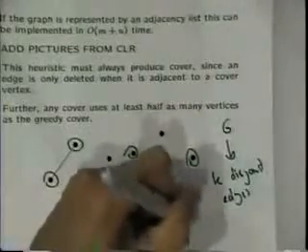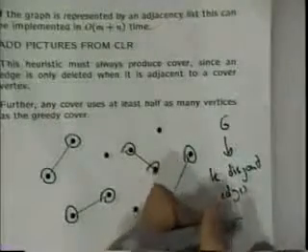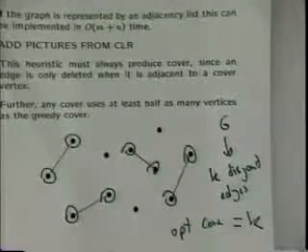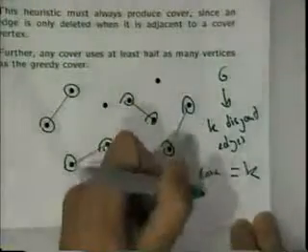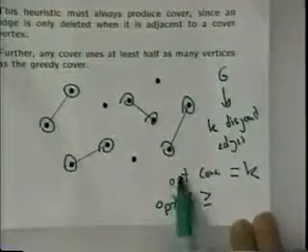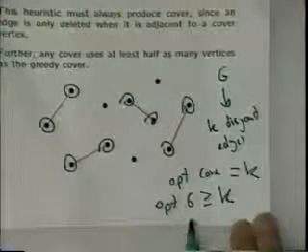My claim is the optimal cover of just these K disjoint edges is equal to K. My claim is the optimal cover of G is greater than or equal to the optimal cover of this, which is equal to K. So that tells me that the optimal vertex cover of my graph has to be greater than or equal to K, correct?